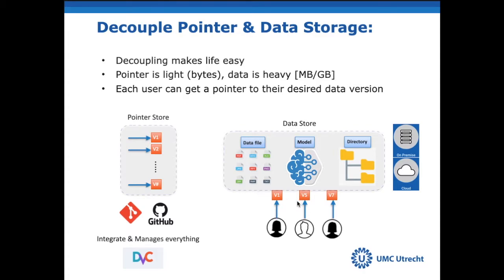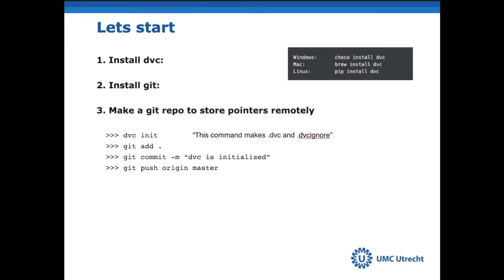So I'm going to continue now with the demo. First you need to install DVC. If you are using Windows, you need to use Chocolatey, a package manager for Windows. If you're on Mac, you can use Brew.